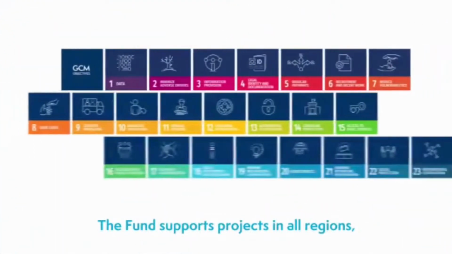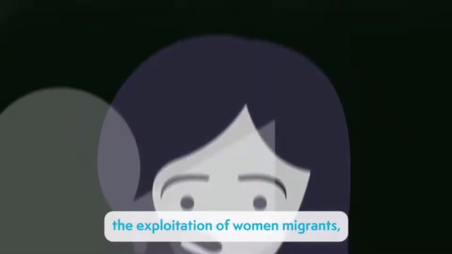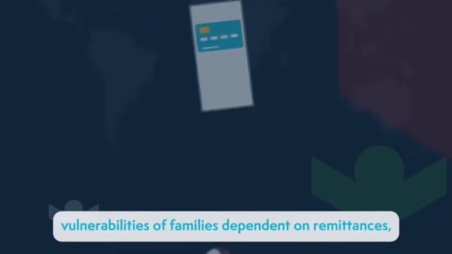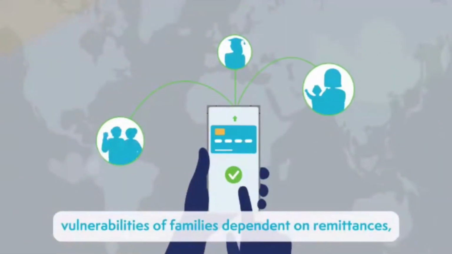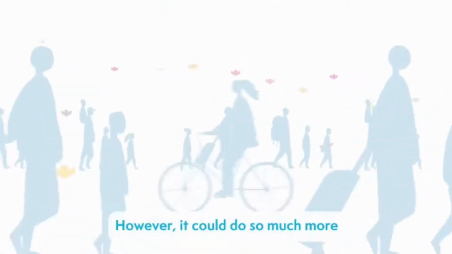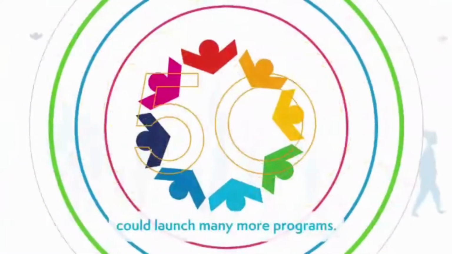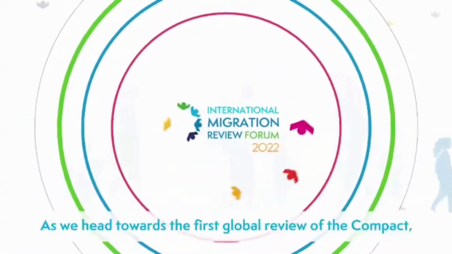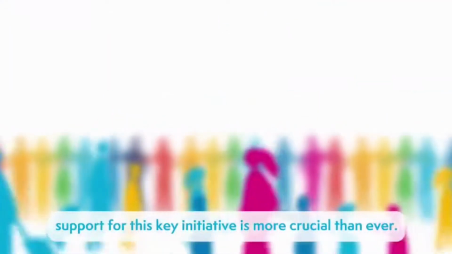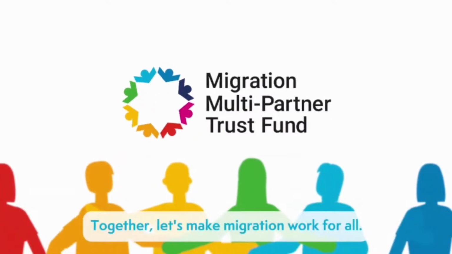The fund supports projects in all regions, tackling issues such as sexual violence, the exploitation of women migrants, and human trafficking, while also combating xenophobia, vulnerabilities of families dependent on remittances, and drivers linked to climate change. However, it could do so much more to change the lives of migrants everywhere. An additional $50 million could launch many more programs. As we head towards the first global review of the Compact, support for this key initiative is more crucial than ever. Together, let's make migration work for all.